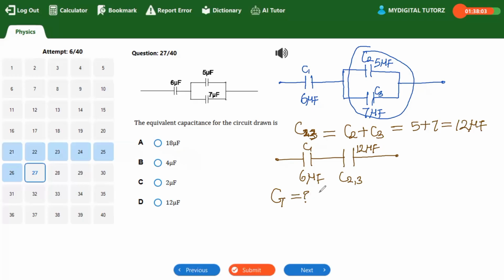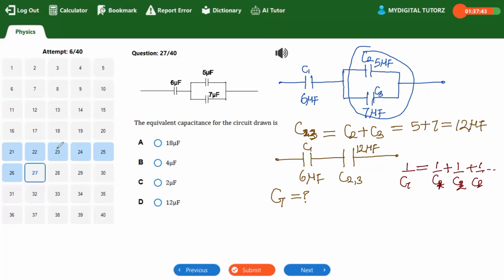When capacitors are in series, we use this formula, which says that 1 over C total equals 1 over C1 plus 1 over C2 plus 1 over C3, and so on.